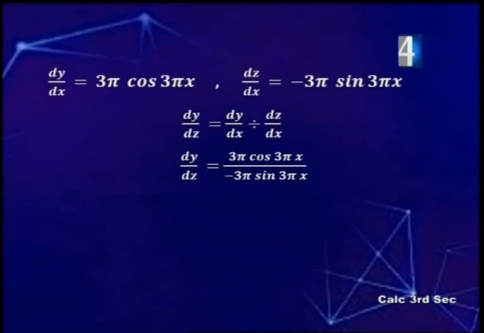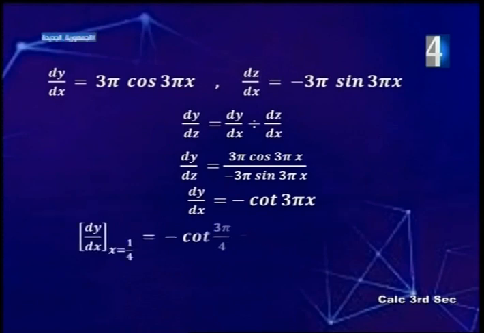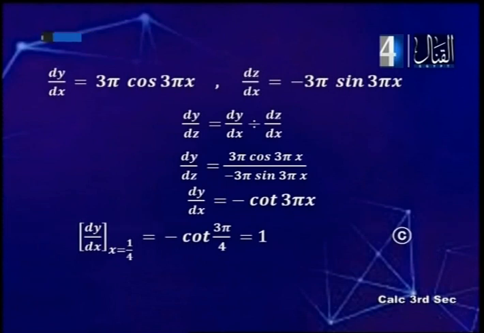We can simplify 3 pi from the numerator and denominator, and cosine 3 pi x over negative sine 3 pi x equals negative cotan 3 pi x. At x equals a quarter, dy/dz equals negative cotan(3 pi multiplied by a quarter). Cotan of 3 pi over 4 equals negative 1, multiplied by negative 1, then dy/dz at x equals a quarter equals positive 1. And we can choose letter C.